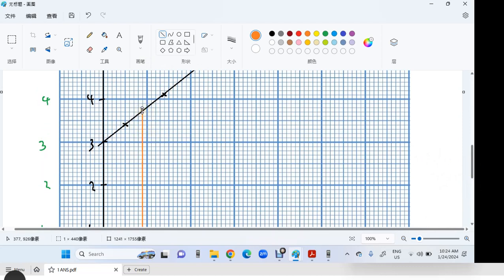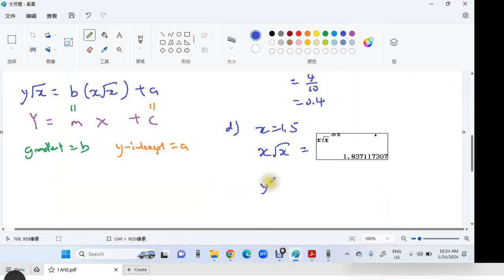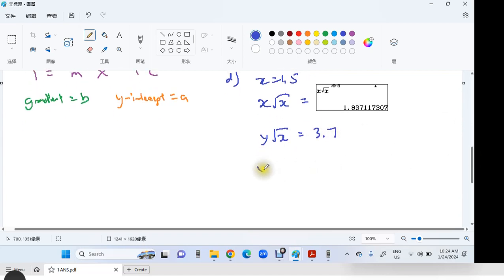Then the approximation value for the y square root x will be 3.7.